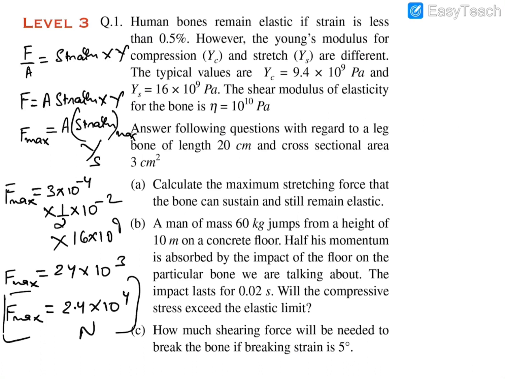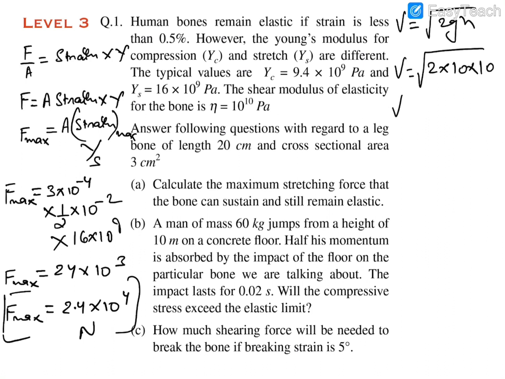Now, we are given the height from which the man has jumped, which is 10 meter. So the velocity of the man at the time when he is just about to collide with the floor would be root 2 GH. So V will be root 2 into 10 into H. H is 10.